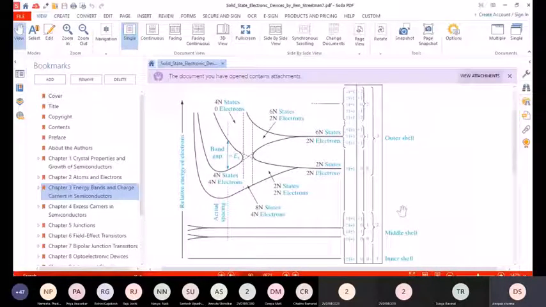So here, the concept we have learnt is, as the interatomic distance changes, that means the distance between the two atoms changes, it will affect the energy of the electrons.